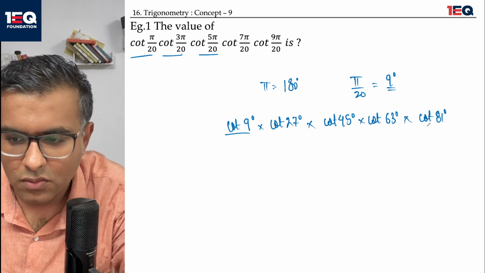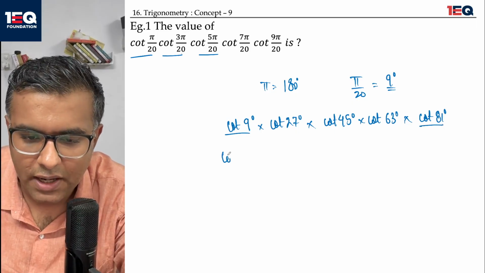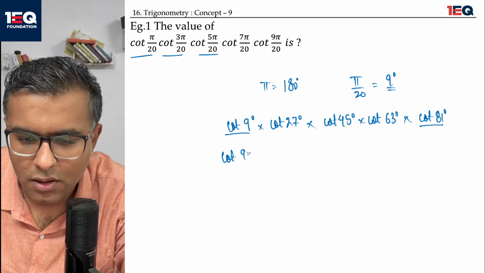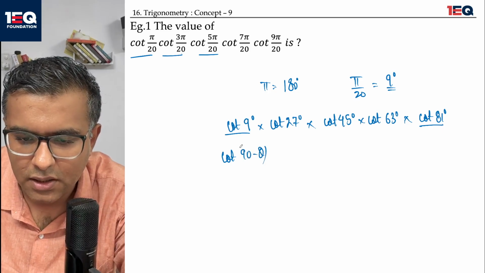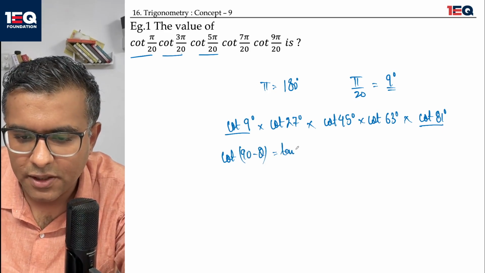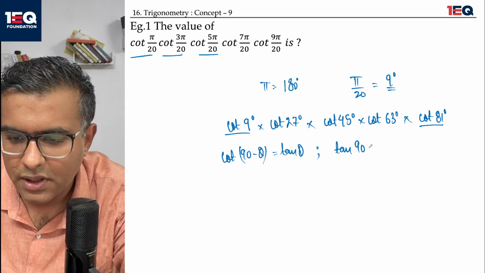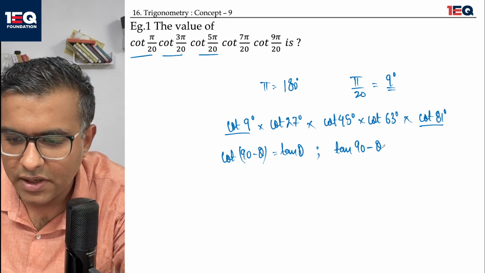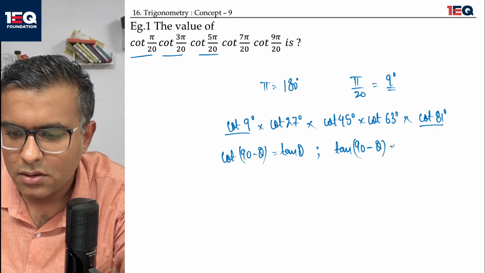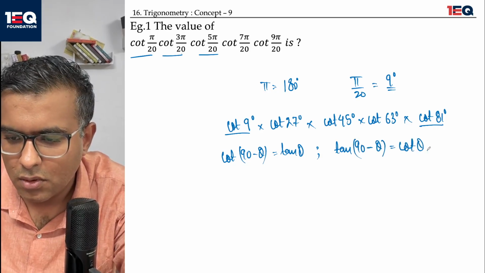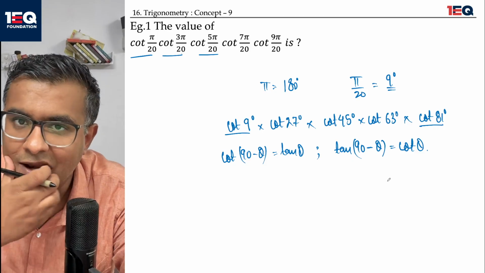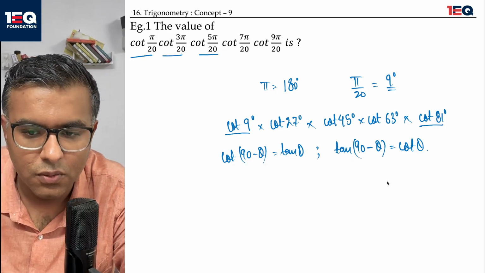We know one thing for a fact, that cot of 90 minus theta is equal to tan theta, and tan of 90 minus theta is equal to cot theta.